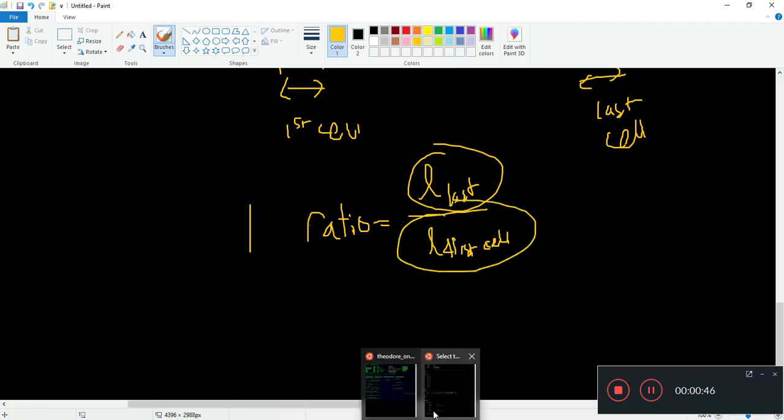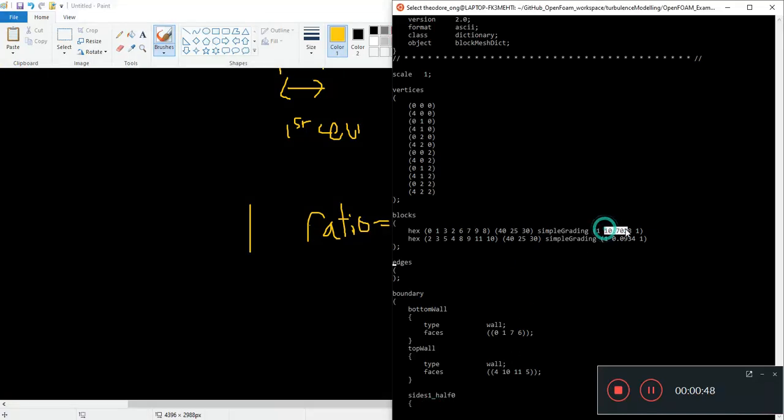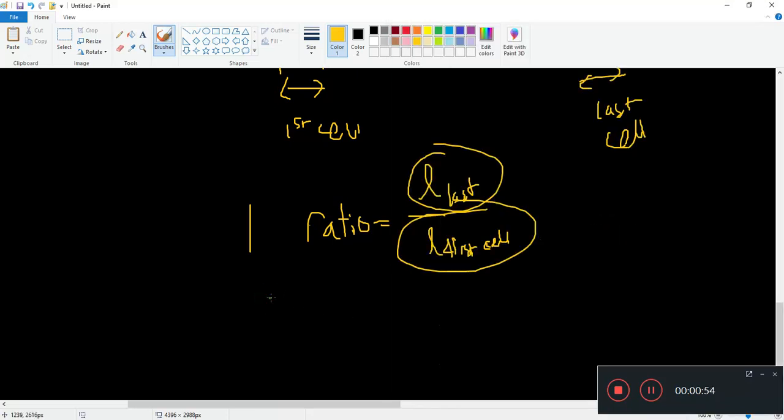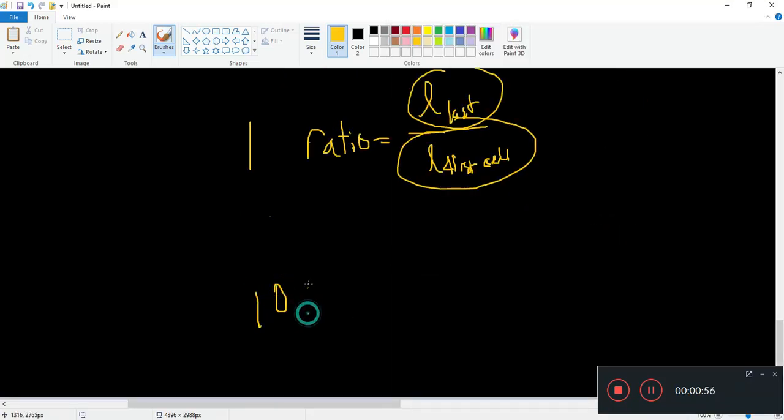Now what happens if you have a y coordinate? For the y side, the expansion ratio is something like 10.728. So 10.728 equals L last over L first. Now where's the first and last cell?